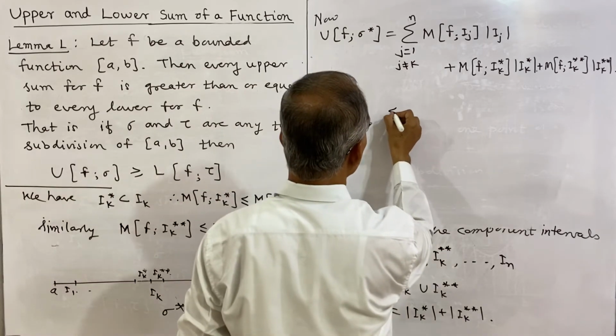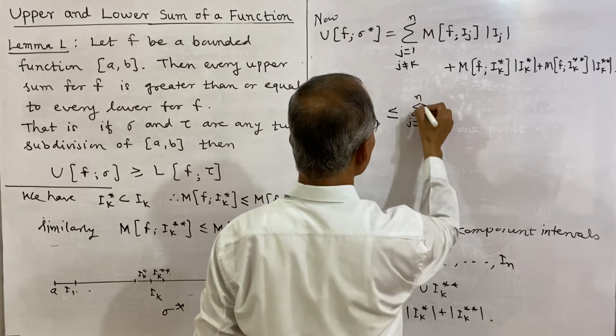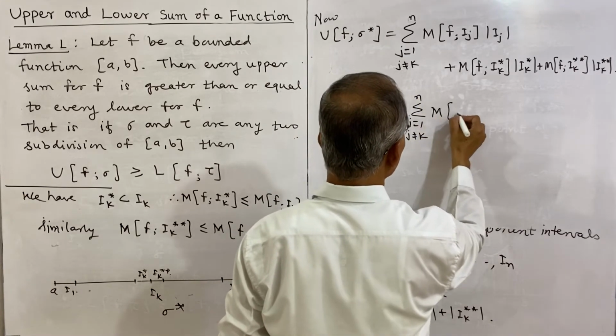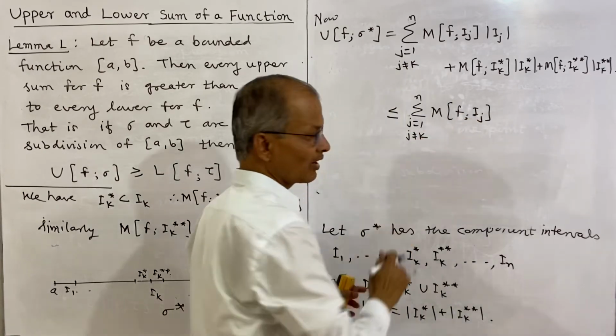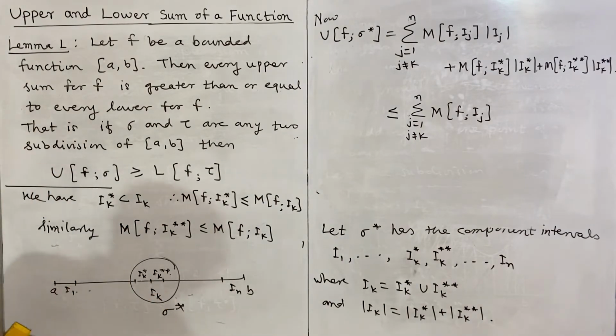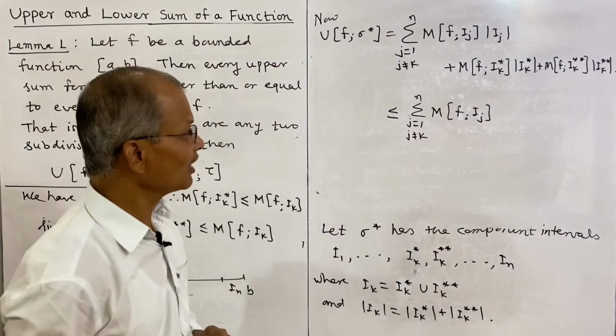And thus, replacing these two by the right side, the relation becomes less than or equal to summation j takes value 1 to n, j not equal to k, maximum value of f. You should understand what we have written here: the sum of the components except this part, which is written separately. This is the definition we have for the upper sum.